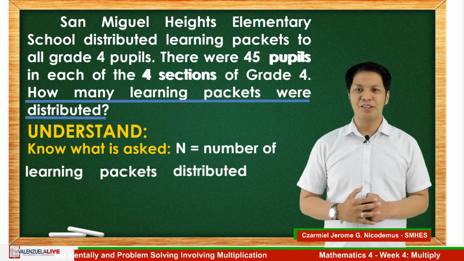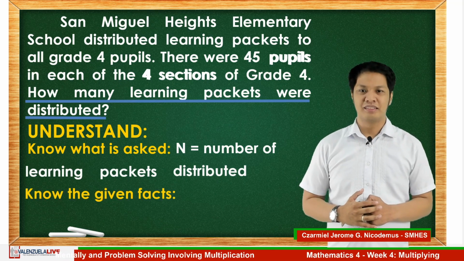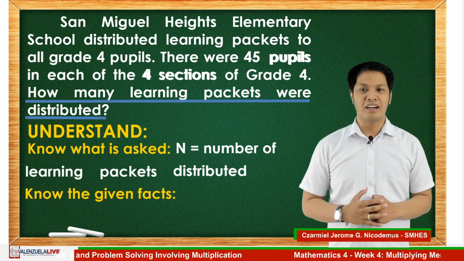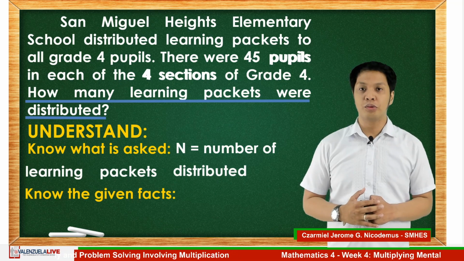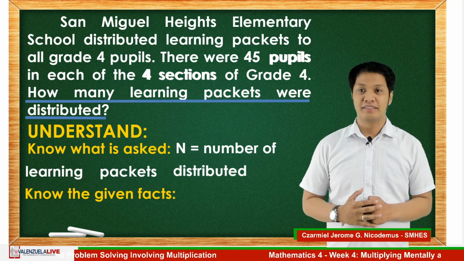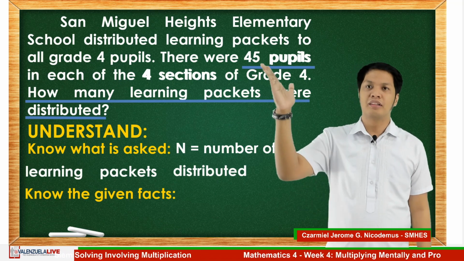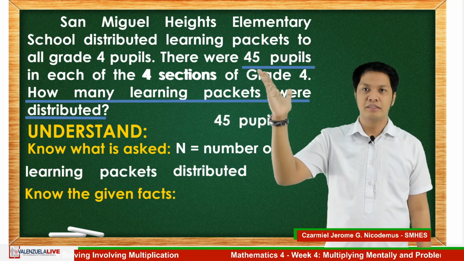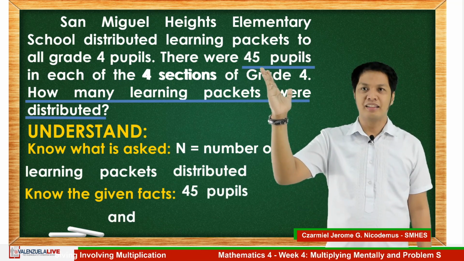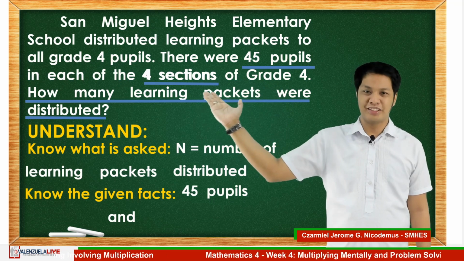We also need to know the given facts. These are the numbers which we will use to get the answer. In the problem, the given facts were 45 pupils and 4 sections.